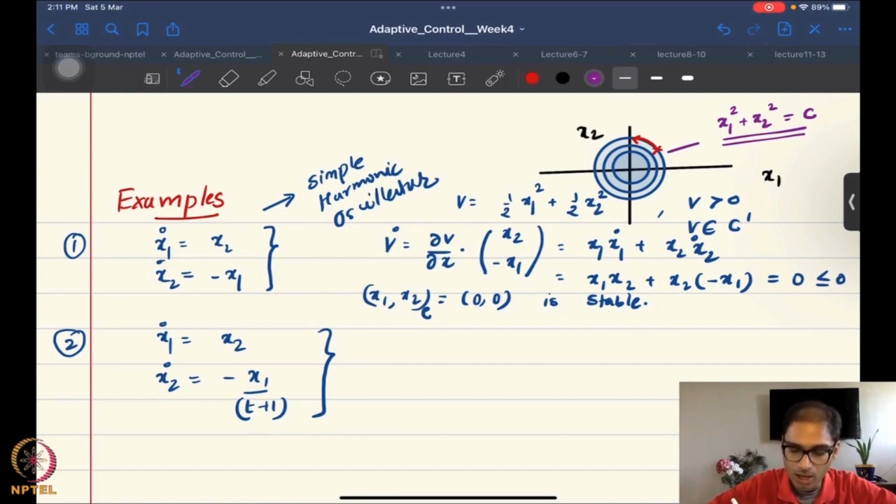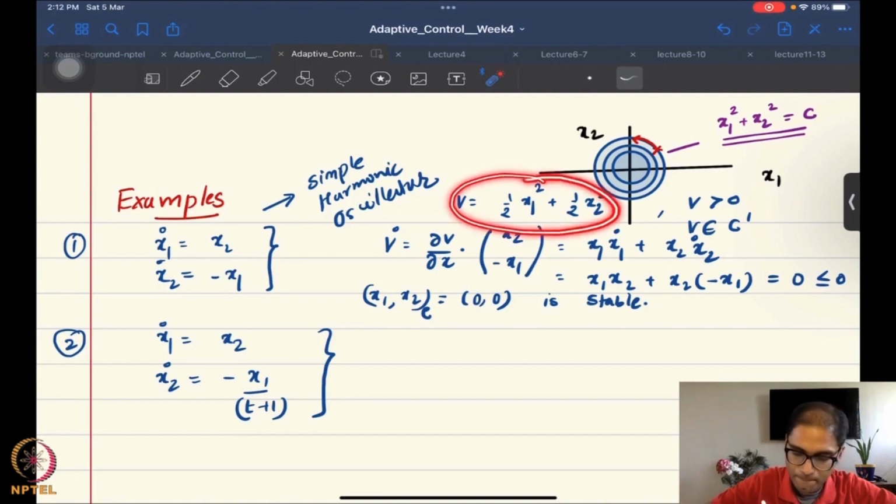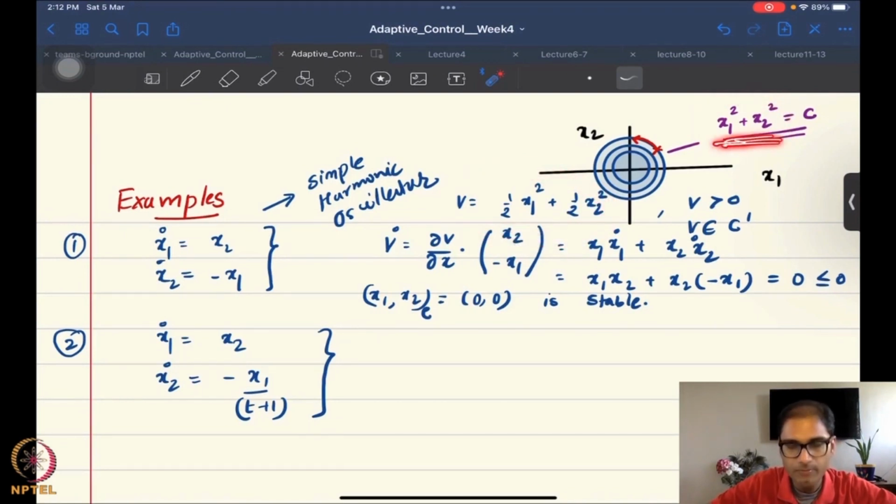Now, my candidate Lyapunov function is simply the same quantity divided by 2, just a scaled version of this. Therefore, it makes sense that when I took the derivative along this system, it came out to be 0, because all my trajectories always lie on a circle.